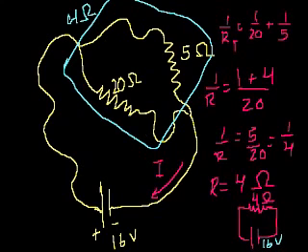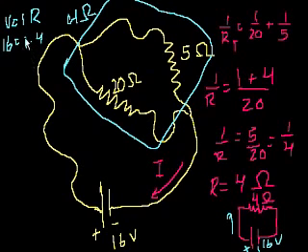Well, if we have a 16 volt potential difference, current is flowing that way, even though that's not what the electrons are doing. And our resistance is 4 ohms. What is the current? V equals IR, Ohm's law. The voltage is 16 volts. It equals the current times 4 ohms. So current is equal to 16 divided by 4, which is 4 amps.